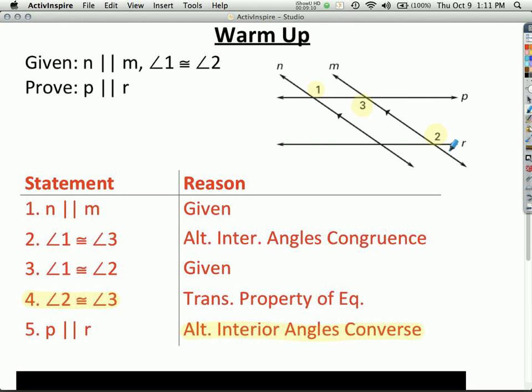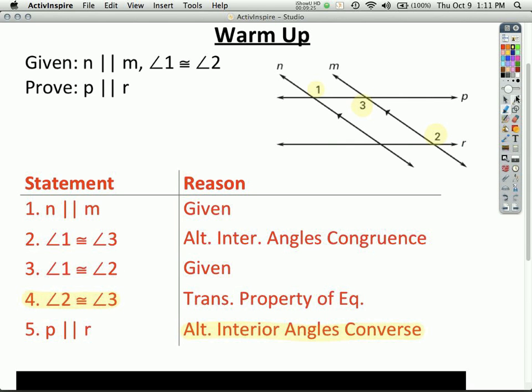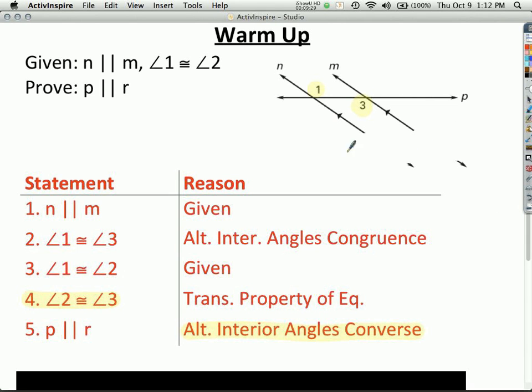Was there another statement in there, or you thought that that proved it? So my interpretation is that you thought that that proved it. Okay? But the problem is this, that the relationship that you're looking at has nothing to do with line R. It has to do with lines N and M.